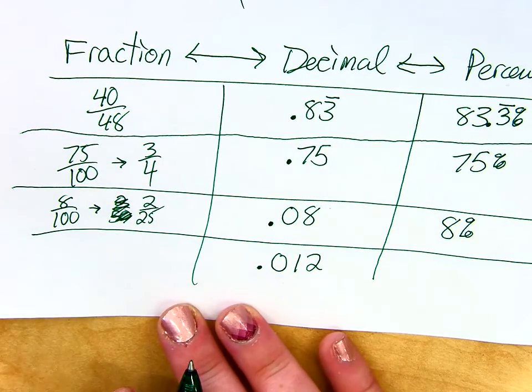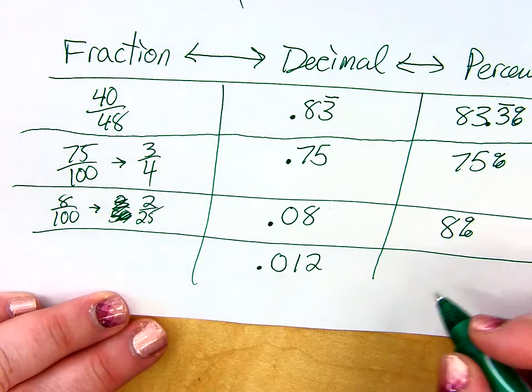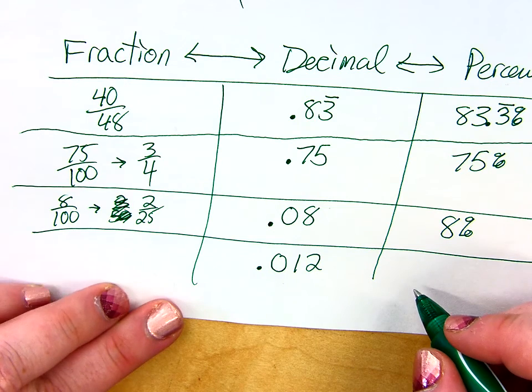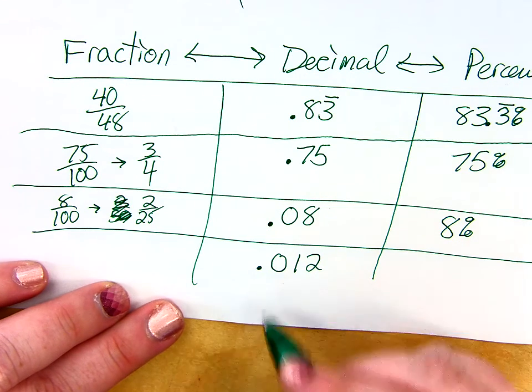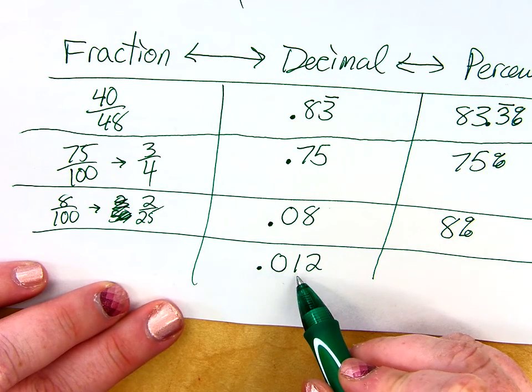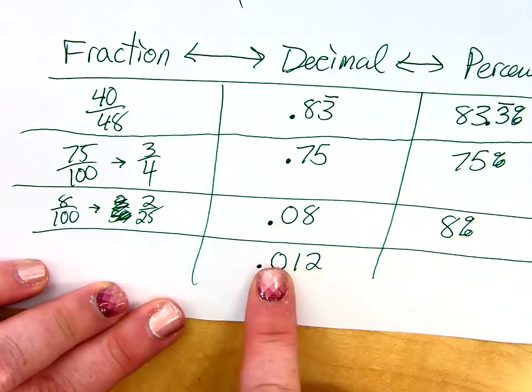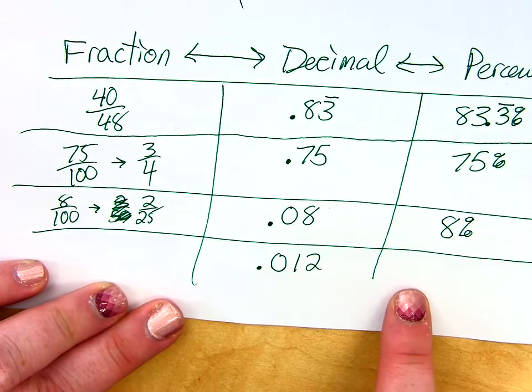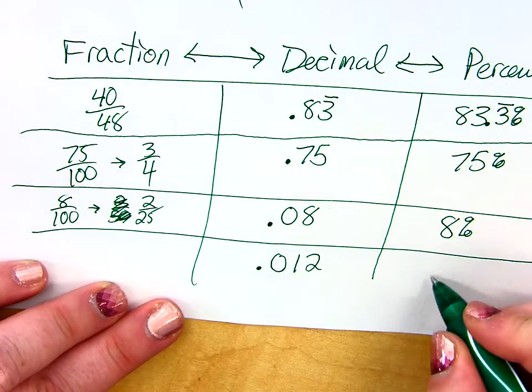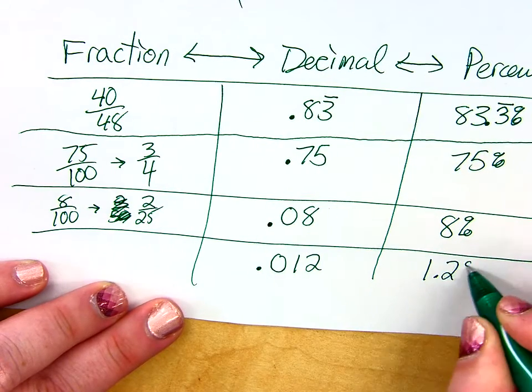What would that be as a percent, Jed? 1.2%. I'm still taking this number and I'm multiplying it by 100. That never changes. To get this number to this number, I'm always just going to multiply by 100. So that lands me at 1.2%.